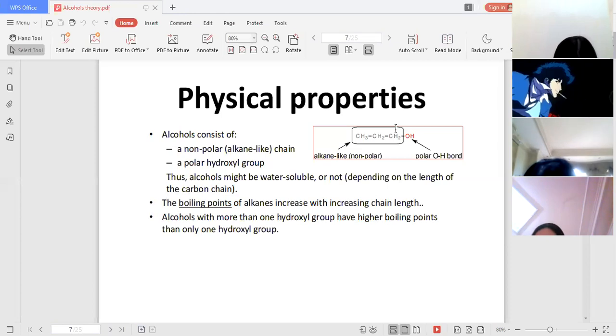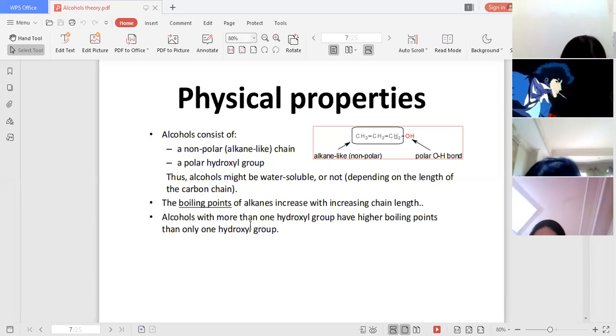Okay, the boiling point of alcohols increases with increasing chain length.